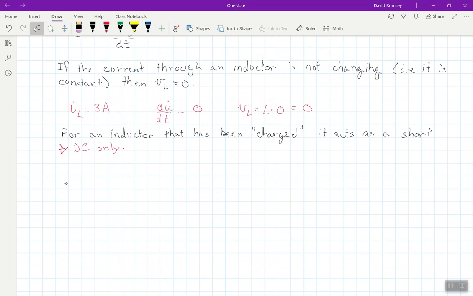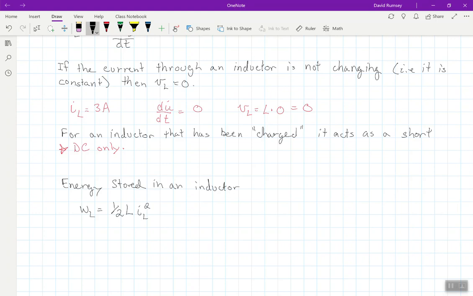Now, let's look at the energy stored in an inductor. The energy stored in an inductor, we'll call W sub L. You'll notice that this formula is going to look almost identical to another formula we had, with one change.